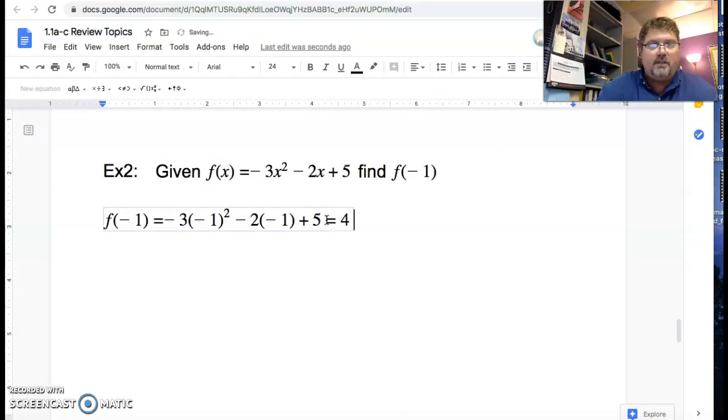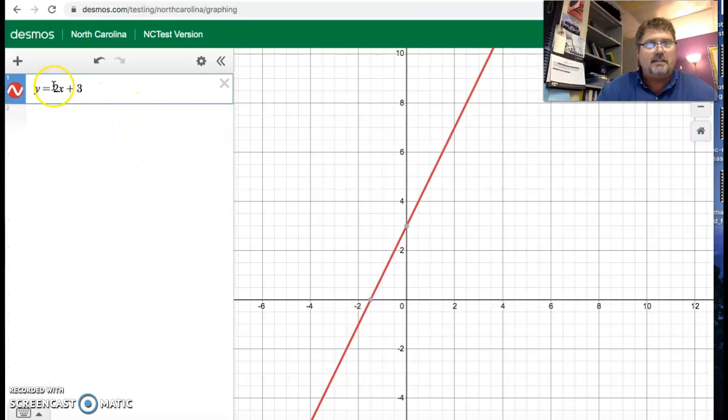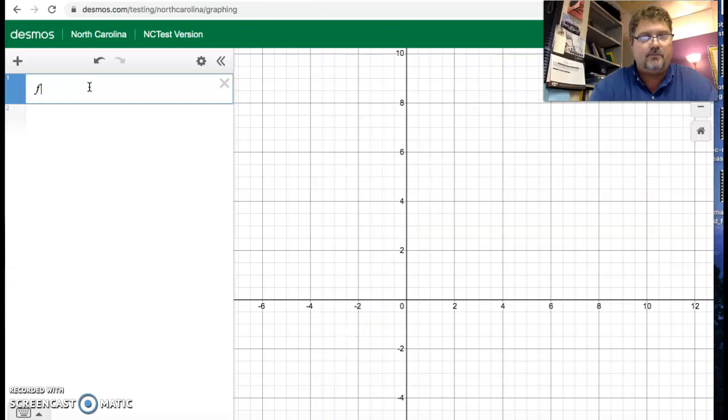So we get 4. Now real quick, I want to go in here and show you this is exactly the same thing we were just talking about. Delta Math, not Delta Math. This program does not mind you using f of x notation.